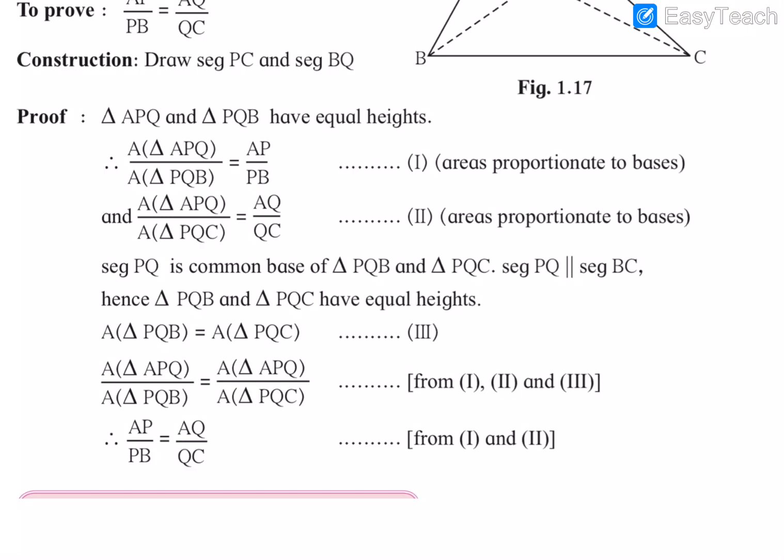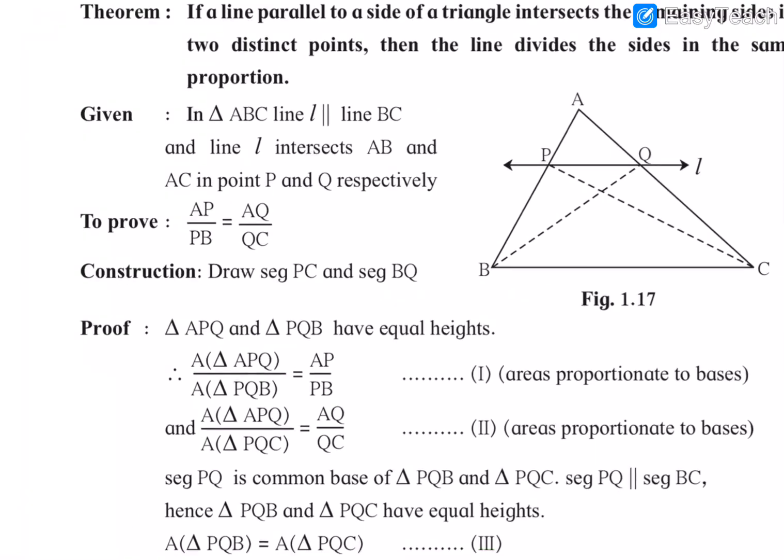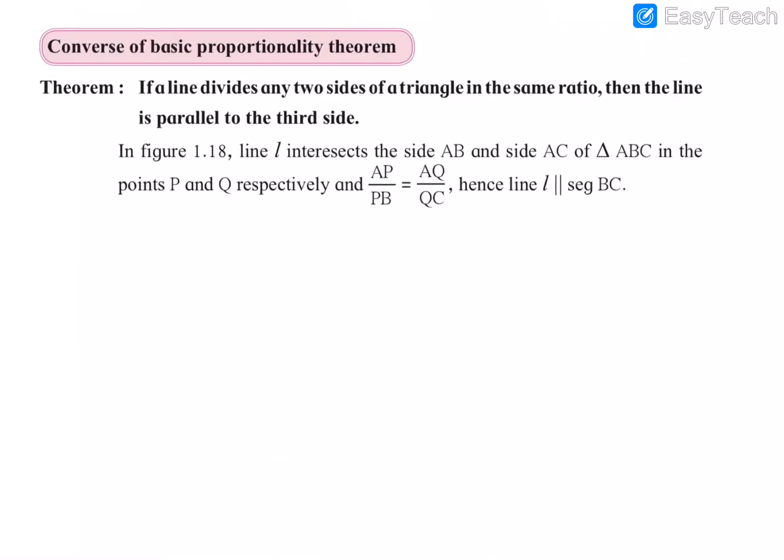So from 1, 2 and 3 we can write AP by PB is equal to AQ by QC. Since the LHS is equal, we can write the RHS is also equal. So we have proved the condition of this theorem, that is the line segment L divides these two sides of the triangle in the same proportion.